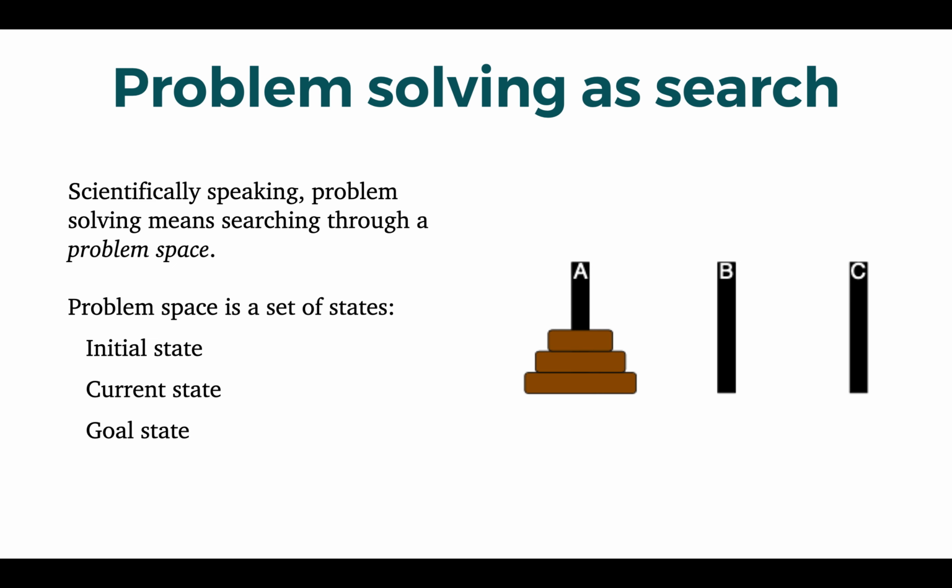A problem essentially has a set of steps that need to be taken in order for it to be solved, and that set of steps is going to be your problem space. But not just that set of steps necessarily, but all potential steps that you could take with regard to that problem. That is your problem space.